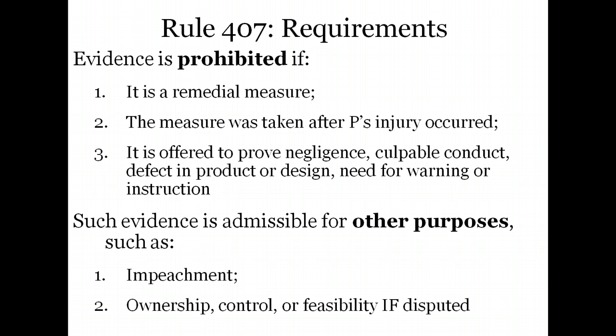Okay, and that brings us to the third requirement for the prohibition to apply, and that is that the evidence must be offered to prove one of the listed purposes. In the federal rule, we have a very broad list of purposes. It covers just about everything: negligence, culpable conduct, defect in product or design, need for warning or instruction.